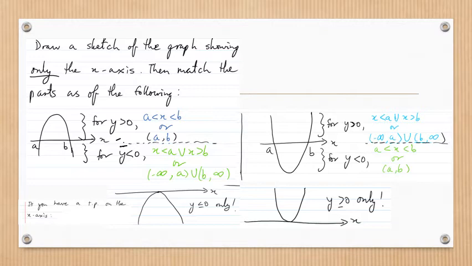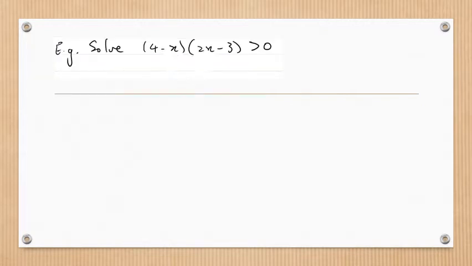If it's a turning point, but it's above the x-axis, it'll be greater than or equal to 0. Any questions? This is already on OneNote, so you can get it down after. All right, I'll just show you a quick example, and you'll see what I mean.